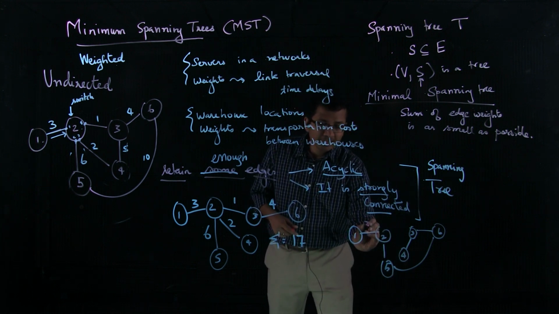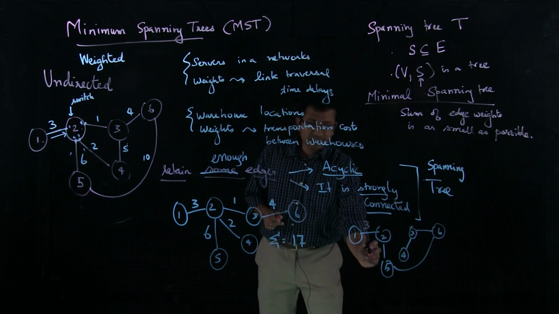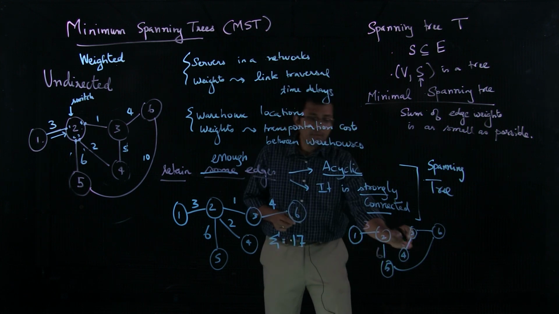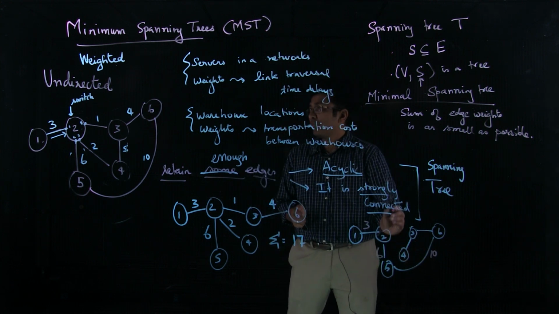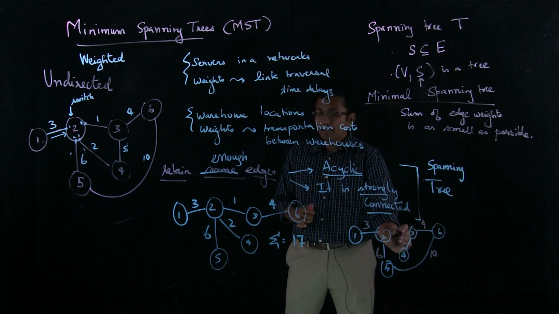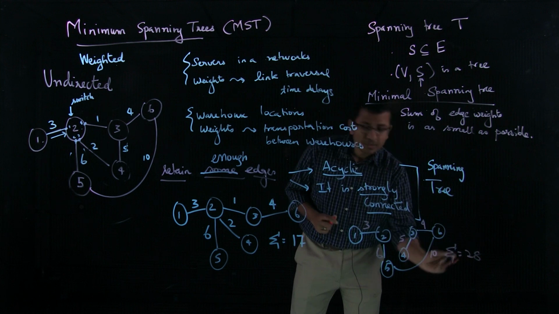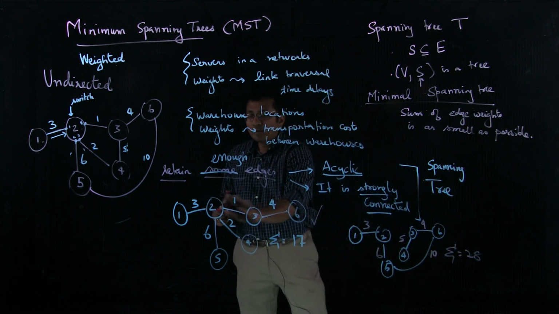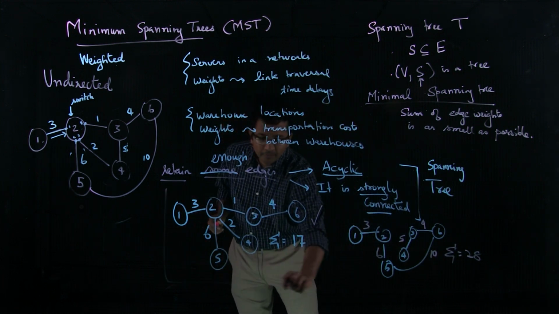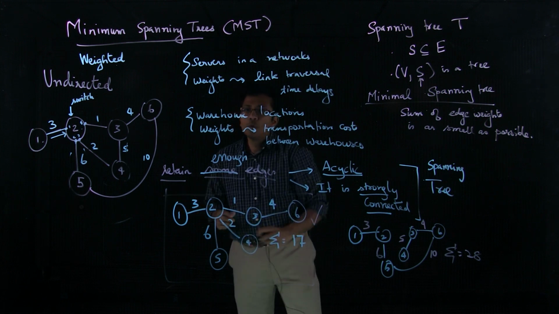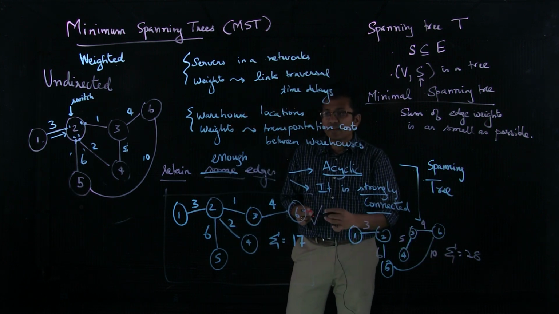And what are the edge weights? 3 plus 6, 9, plus 10, 19, plus 4, 23, plus 5, 28. So I would prefer the first spanning tree over the other spanning tree that I have shown.